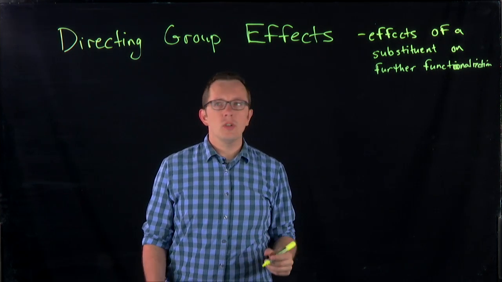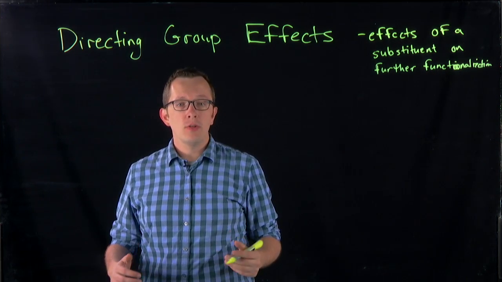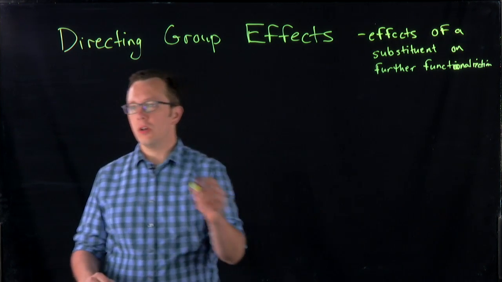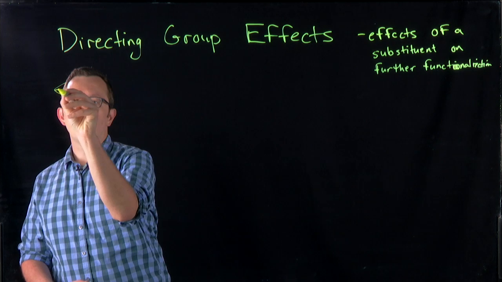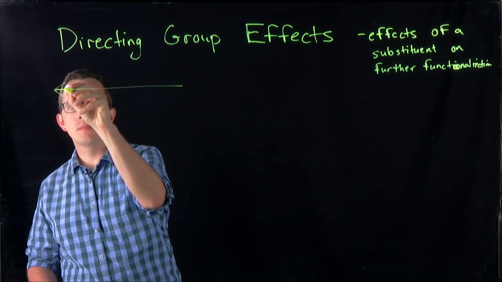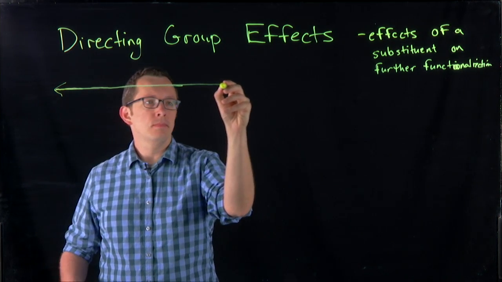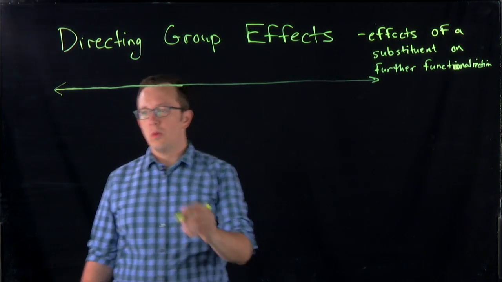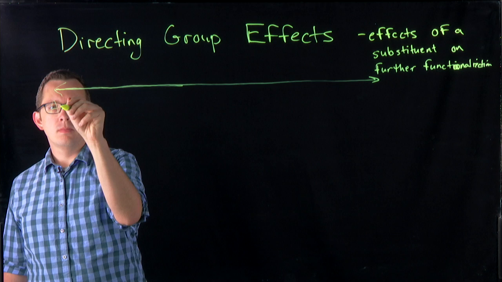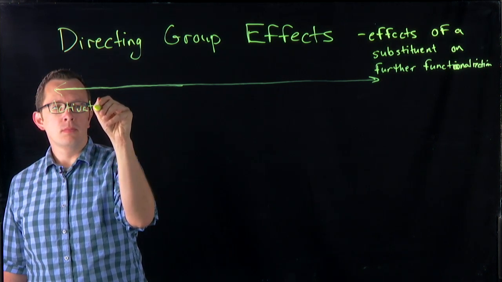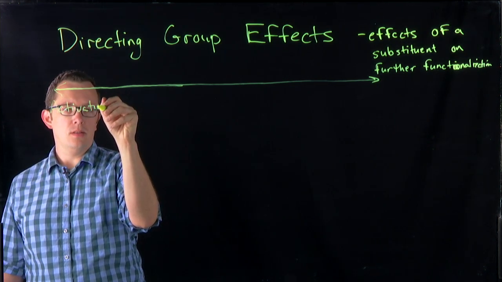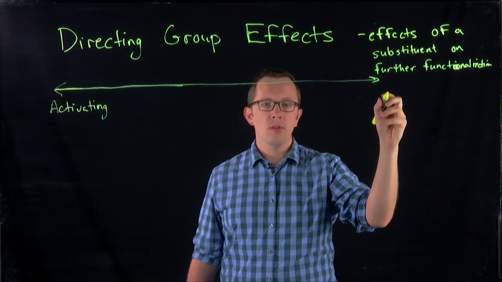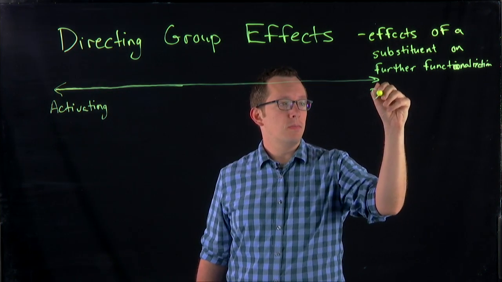Okay, so directing groups can either be activating or deactivating, and these exist on a large scale, right? From one end to the far end. On one end we have activating groups, and on the other end, we have deactivating groups.